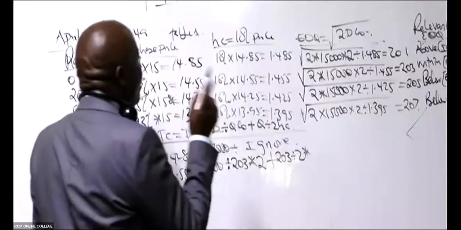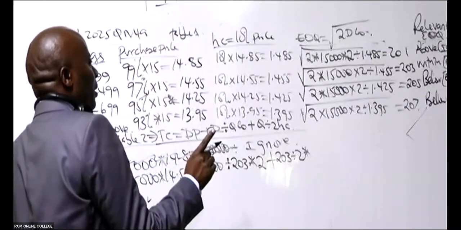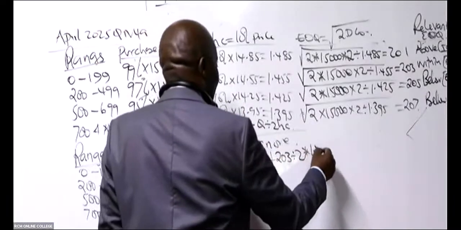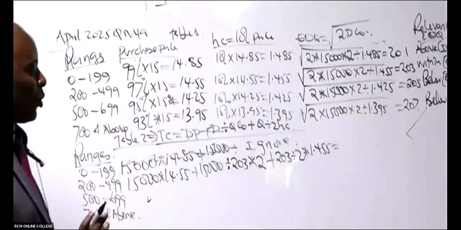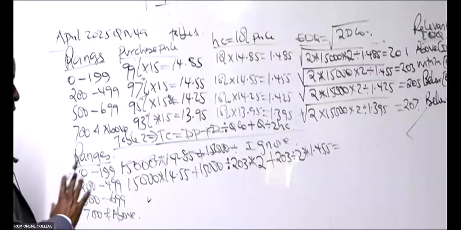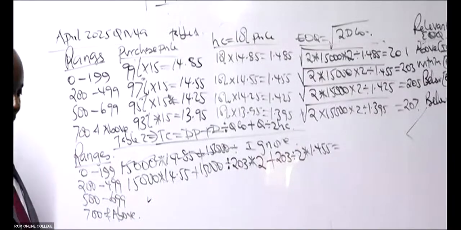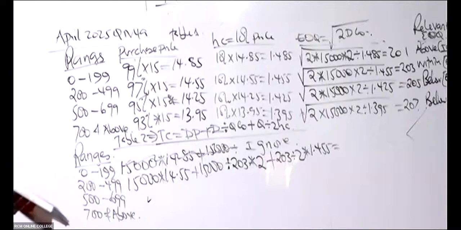HC for the second class, remember, it's 1 point what here, somebody? 1.455. So go slowly. Don't put brackets anywhere. Just calculate it slowly and give me the total cost figure. Just move slowly there.